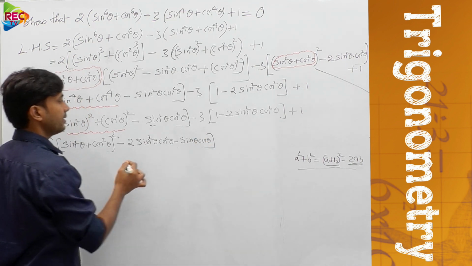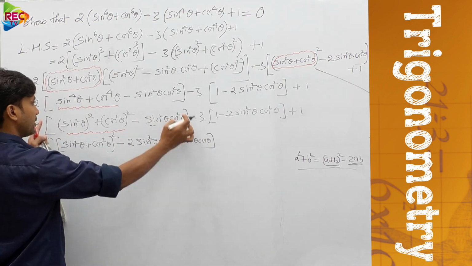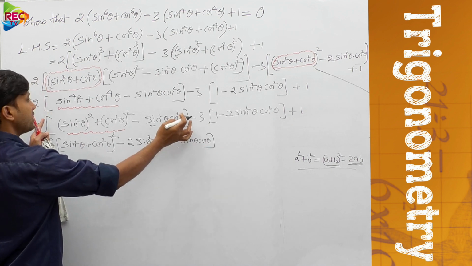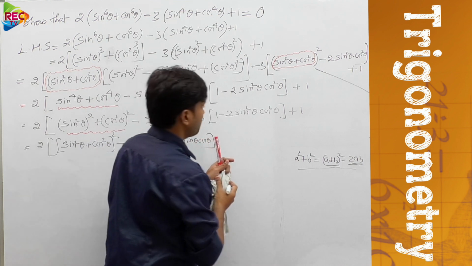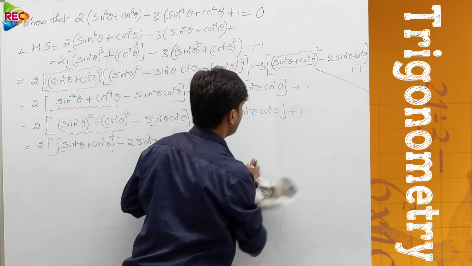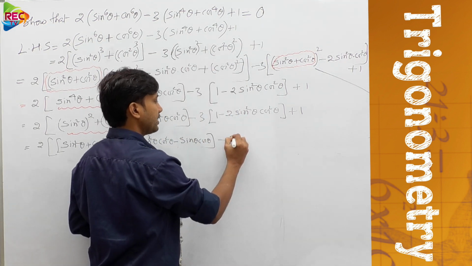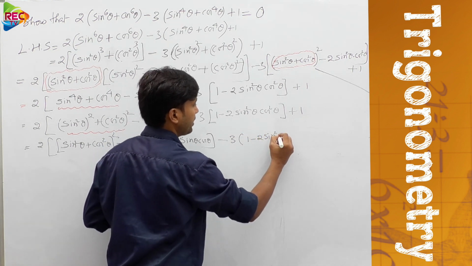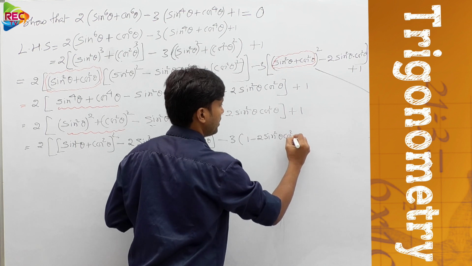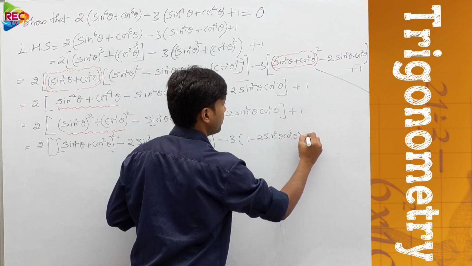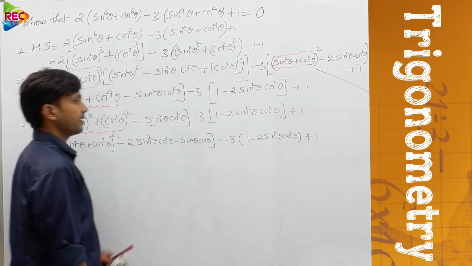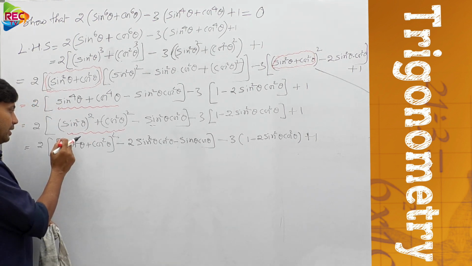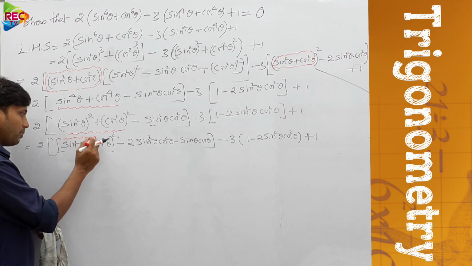Inside the bracket, this is the expression which results in this one. Okay, now write this as it is, 3 into 1 minus 2 sin square theta cos square theta plus 1 is there.